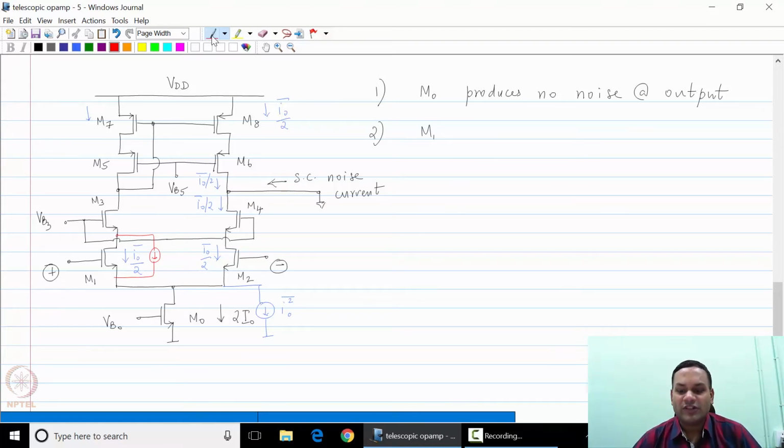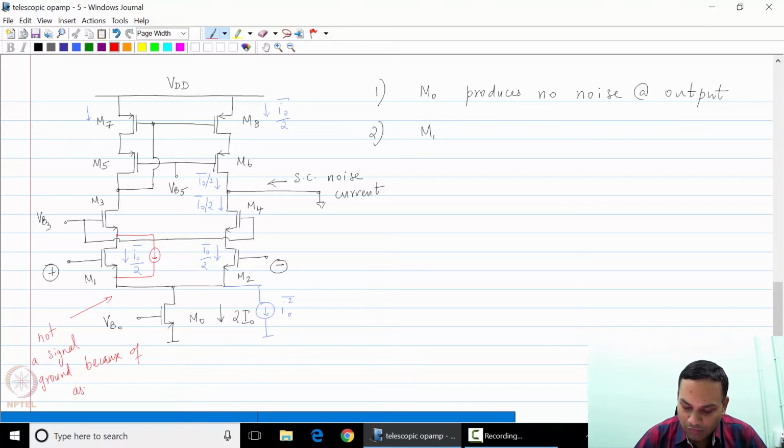The reason we cannot use symmetry is because as far as noise is concerned, this is not a virtual ground, not a signal ground, because of asymmetry of the input signal. So in this case, the input signal of interest is what I shall call IN1.